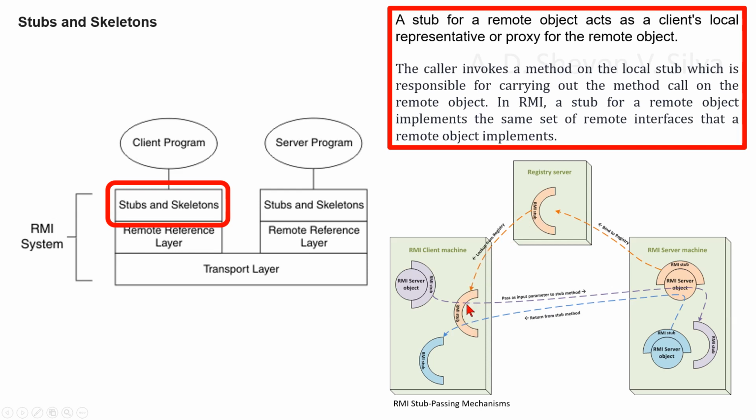And here you can see the RMI server object is here. The RMI stub is passed as an input parameter to a stub method. The RMI stub is here, and here you can see the RMI server object. The RMI stub is returned from a stub method here.